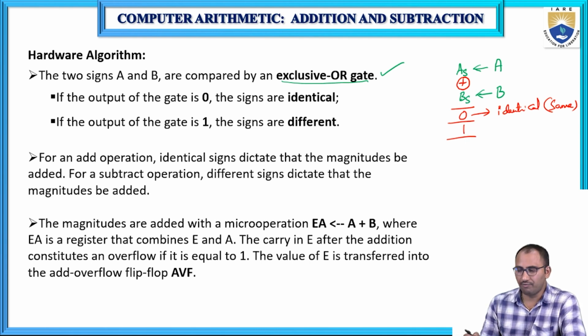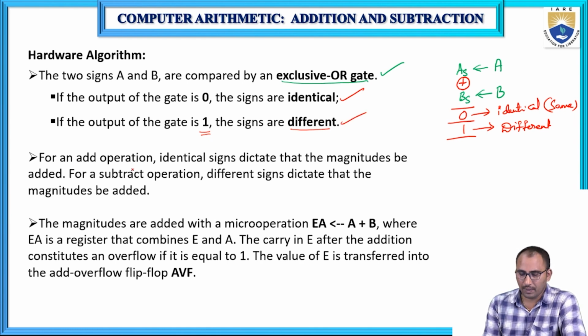If the output of the gate is 1, then the signs are different. It is the logic we are using to implement the hardware algorithm. So first we have to decide whether the signs are the same or different, and we use this logic to decide that.